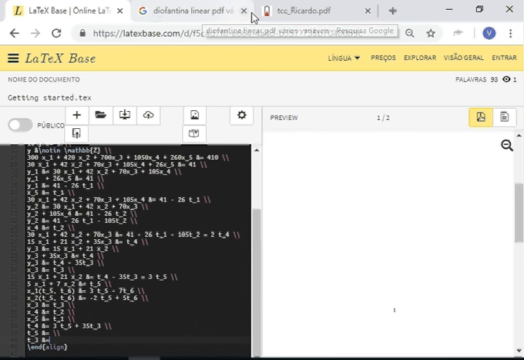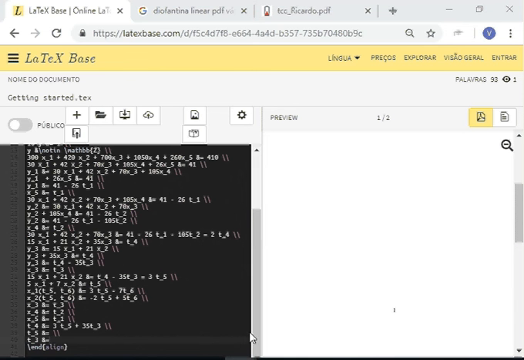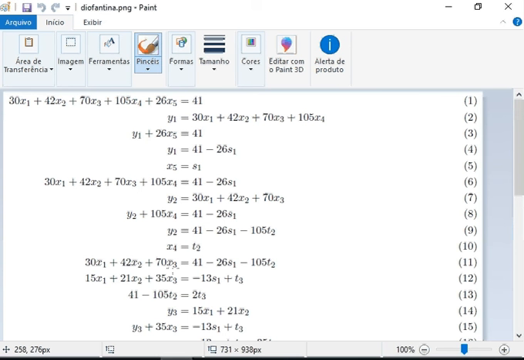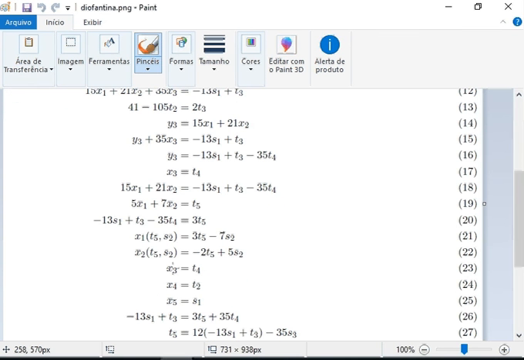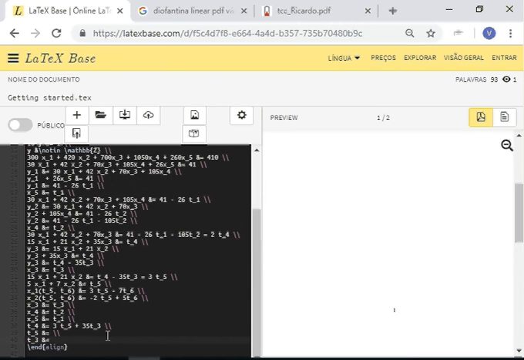Well, I have this somewhere. When I arrived there, 35 and 3, I found 12 multiplied by 3, 36, minus 35 equals to 1. So, 12 minus 1 multiplied by T4.